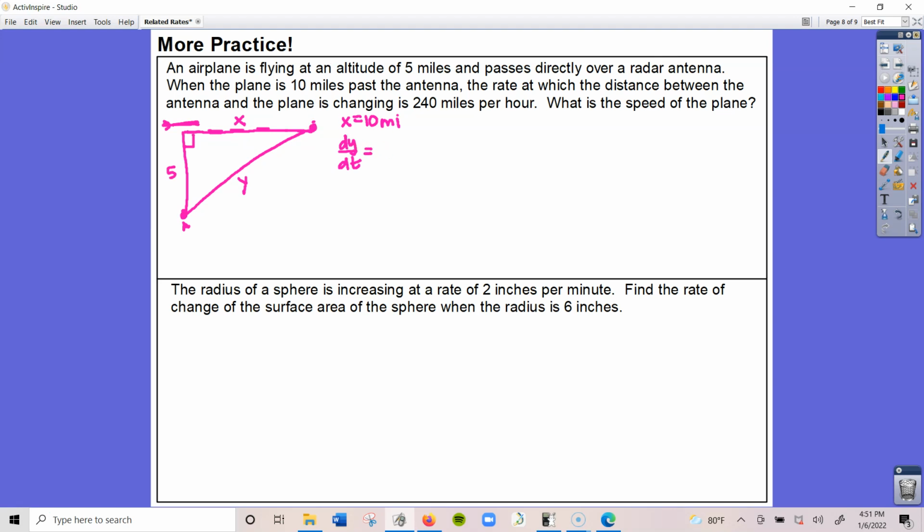So dy dt, now that distance is going to always increase because as the plane keeps going, it's going to get farther and farther away. So this is a positive 240 miles per hour. What is the speed of the plane? The speed of the plane is the rate at which the airplane is changing. So what we're looking for here is dx dt.